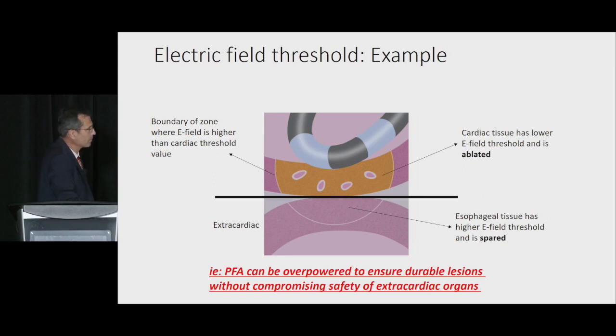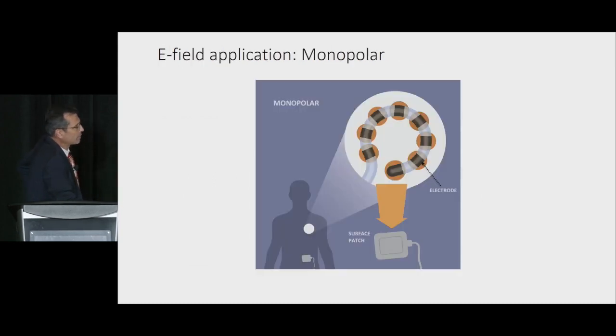So for the first time in the field of cardiac ablation, we can overpower our deliveries and yet not compromise safety. There are different ways to deliver this energy, and I think everyone has started with some unipolar or monopolar delivery. So from the electrode to a reference patch on the skin of the animal or patient.